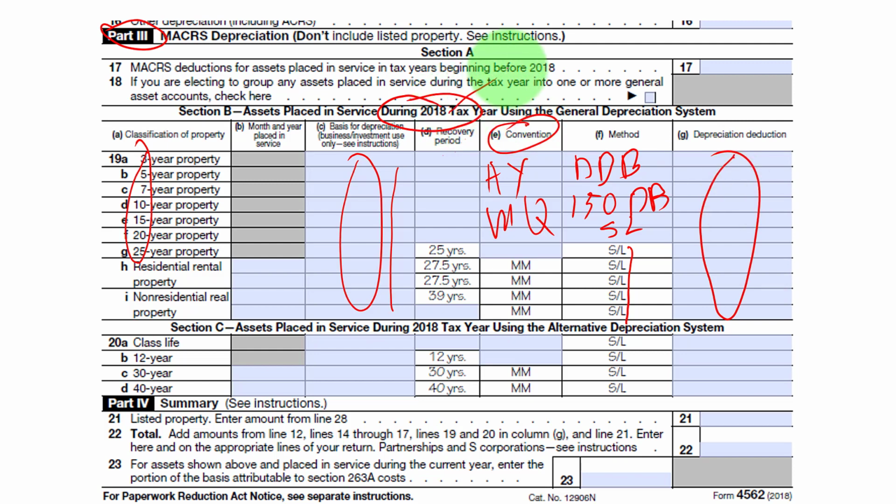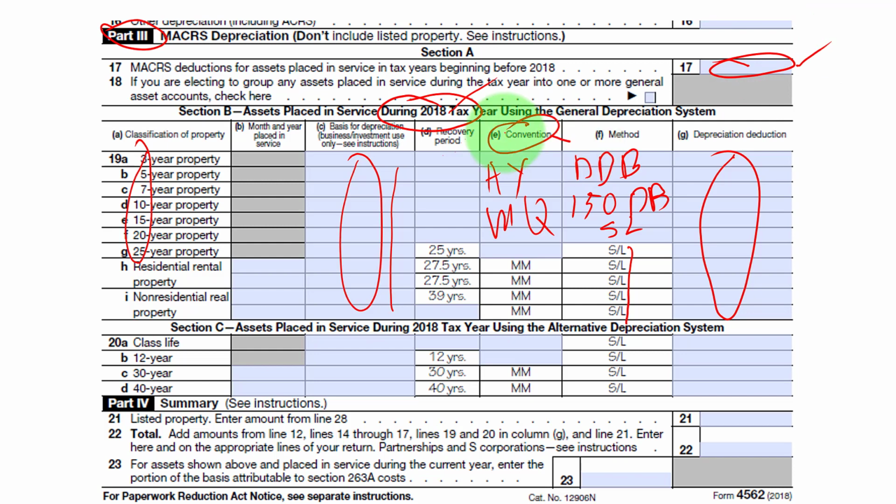Now, if you're trying to calculate the depreciation for assets that you purchased in a previous year, you have to do that on a separate schedule. The calculation is not reported directly here on Form 4562, but you would do it on a separate worksheet and then total up all of those previous year assets, their depreciation, and report it right here as one lump sum figure.